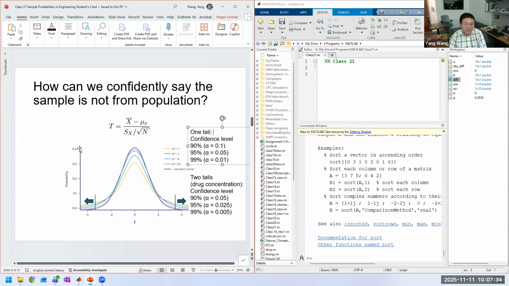So if you reflect that in the T distribution, basically we want to find the critical T value, such that if the T we calculated from the sample is smaller than this critical T value, and this critical T value represents 95% below this curve from minus infinity to this point, right?